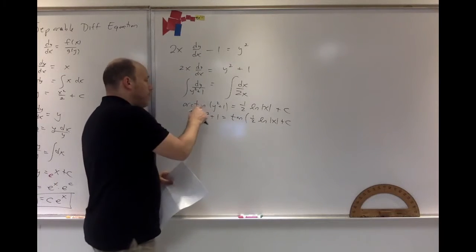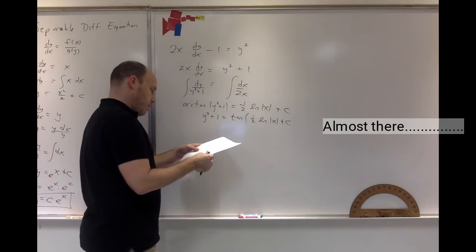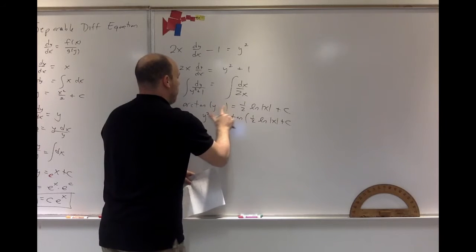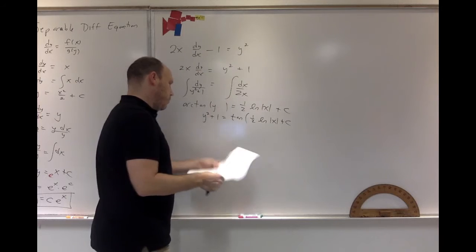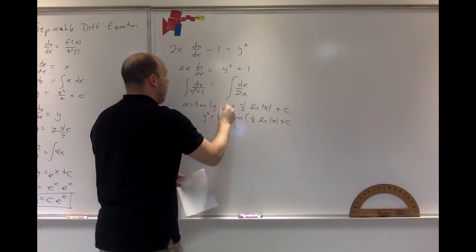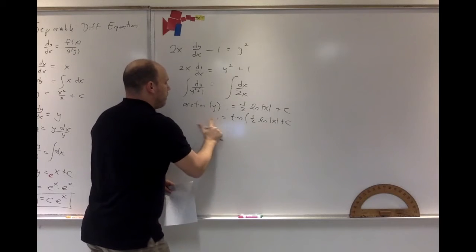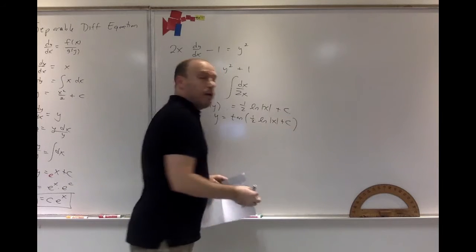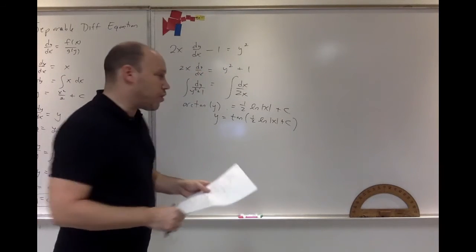Once you're just undoing arctan, sorry, it's the arctan of y. And so y equals the tangent of 1/2 ln x plus c. I apologize for that.